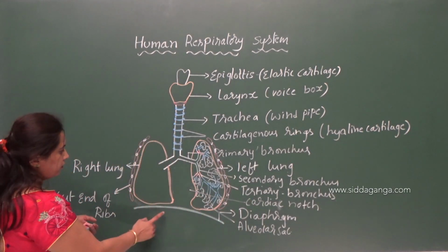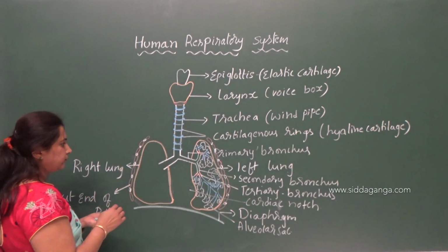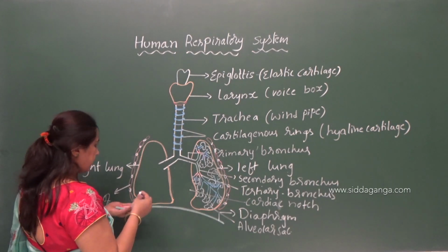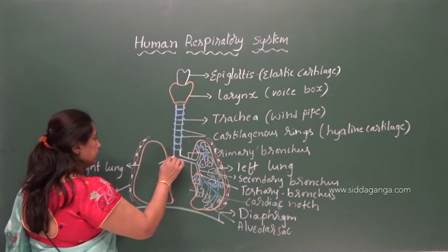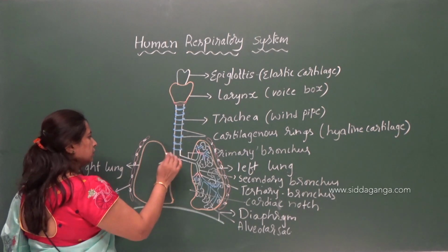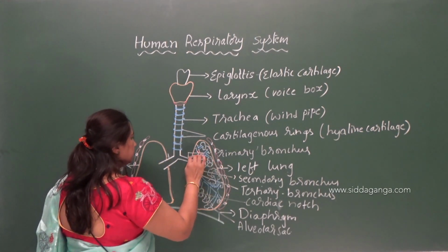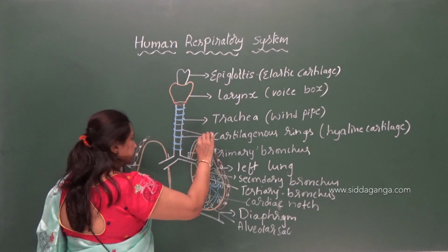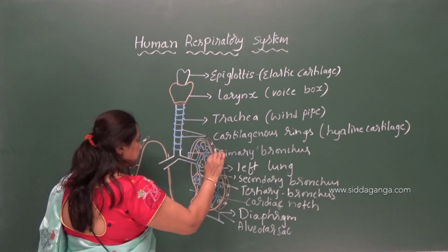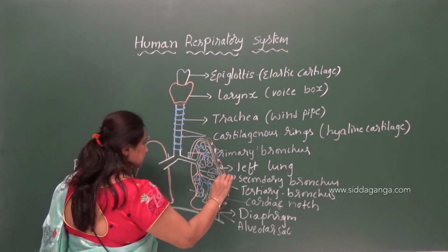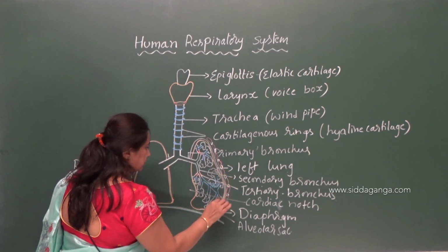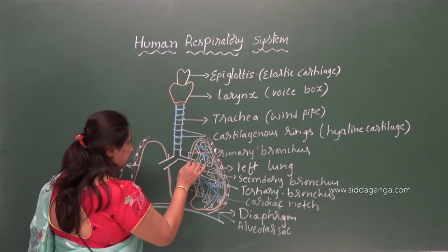Okay, so this is the muscular diaphragm, and each lung is covered by two membranes. They are called pleural membranes.